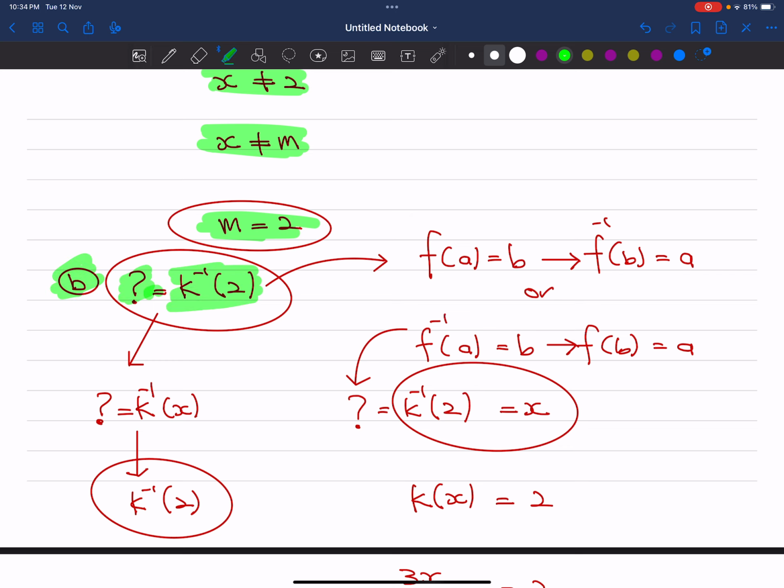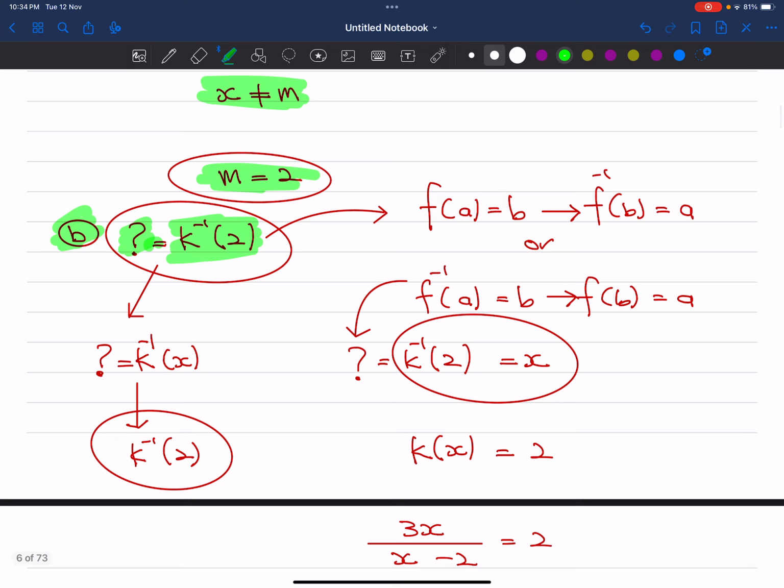Now here, there are two methods. First, you can find the k inverse function, and then substitute x with 2 in the k inverse. This is a long method because you have to find the inverse.